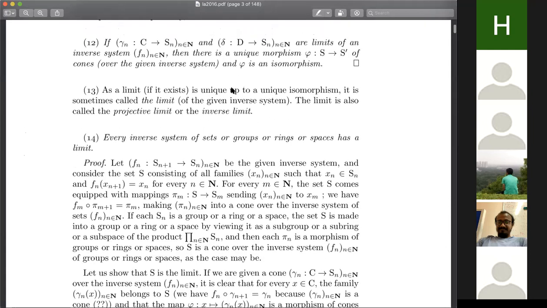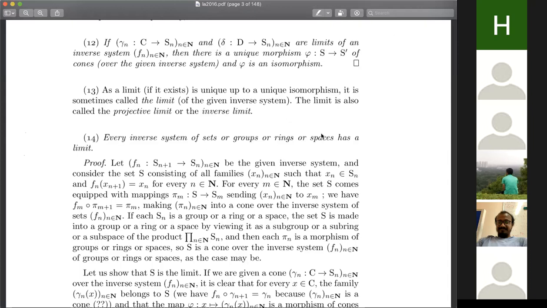Okay, so now if you have the same inverse system Sn, and if you have two limits, so this is just to say that if you have a final object in a category, I mean, not every category has a final object or an initial object for that matter. But if they exist, they are unique. Why are they unique?